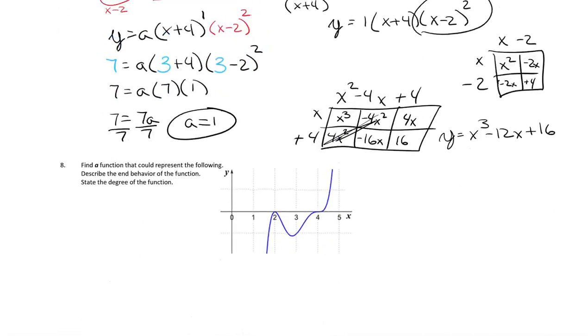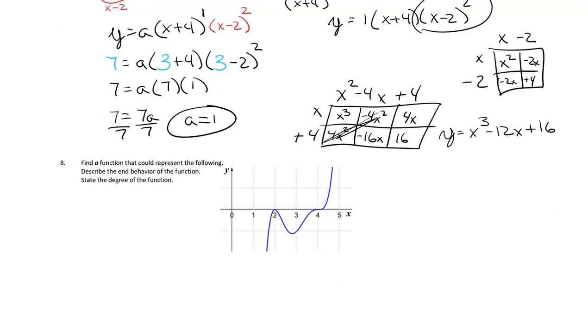Okay, last one on this page. Write a function. So y equals a. This right here is going to be x minus 2, and because it hits and goes back down, that's squared. This right here would be x minus 4, and that does the wiggle, so that's cubed.